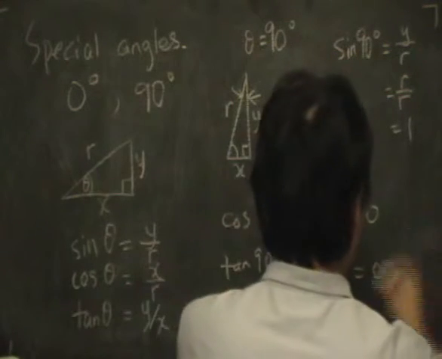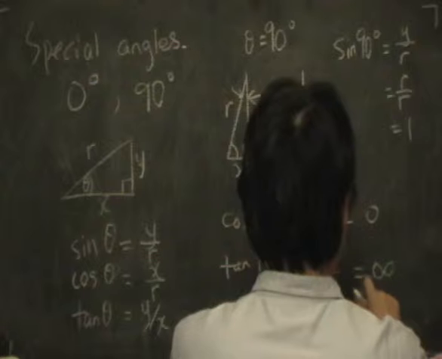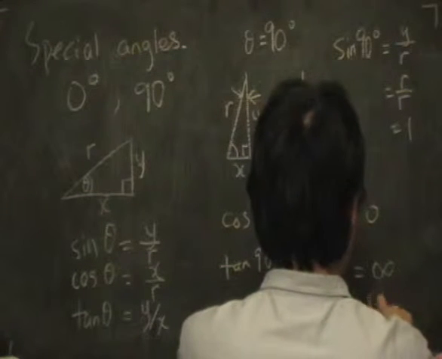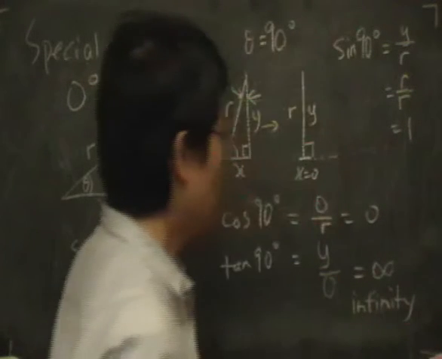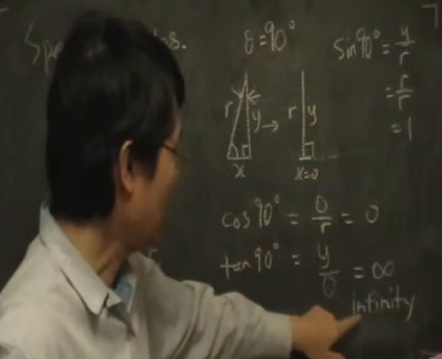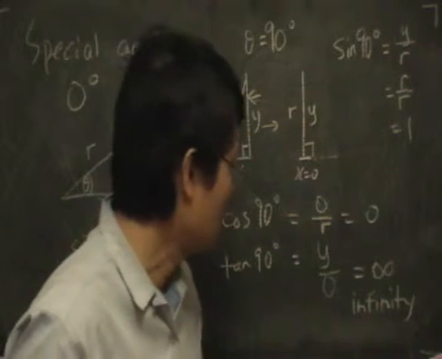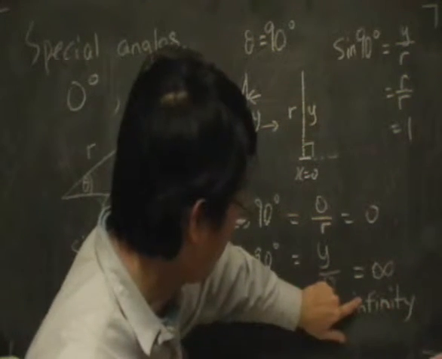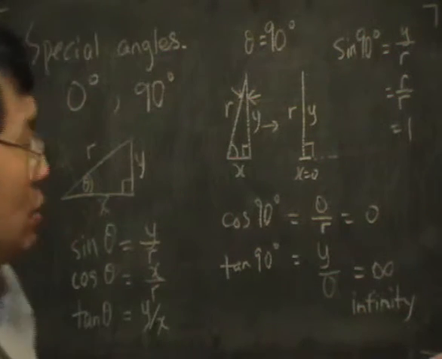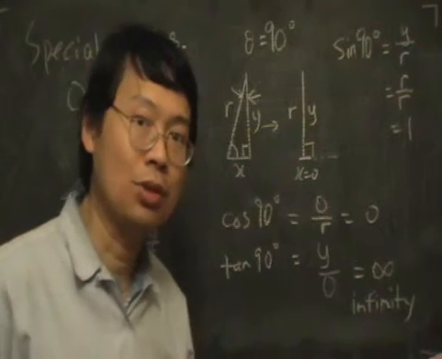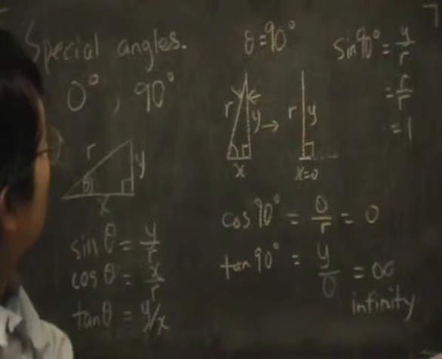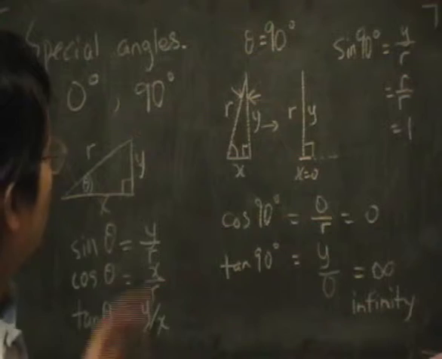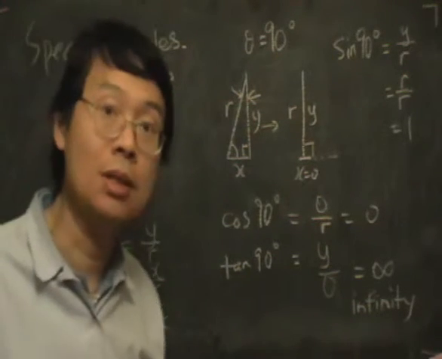Let me just write down the word. Right, infinity. I-N-F-I-N-I-T-Y. Extremely large, so large that there's no number for it. Alright, so that's theta equal to 90 degrees.